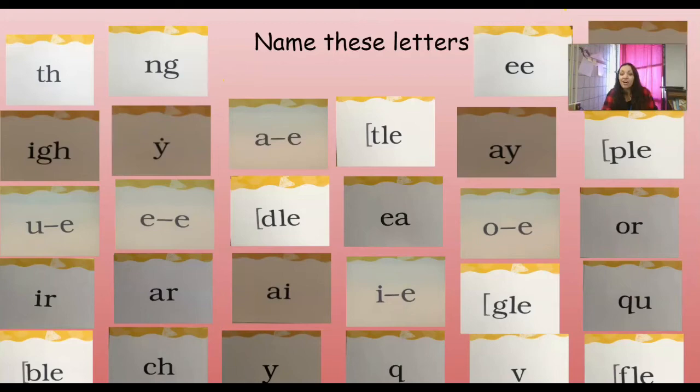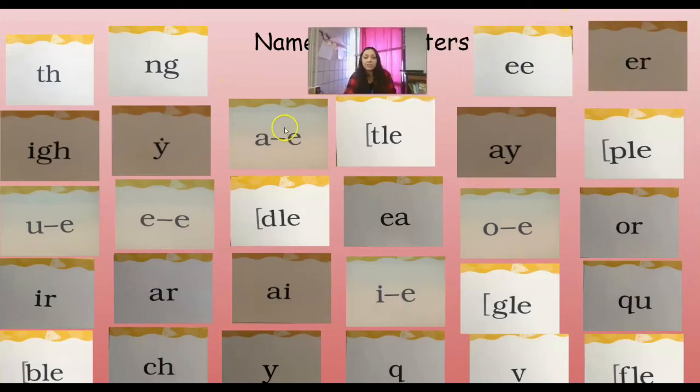All right. So here are our letter name cards. So let's just quickly go through them. Are you ready? We have digraph TH, digraph NG, digraph EE. And so we said digraph a lot. Remember, digraph means two letters that have one sound. Then what about this one? Combination ER. And then this is our special one, trigraph IGH.